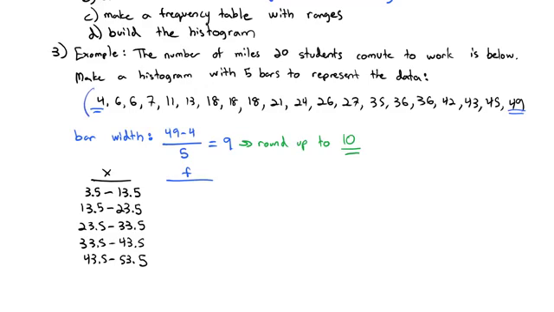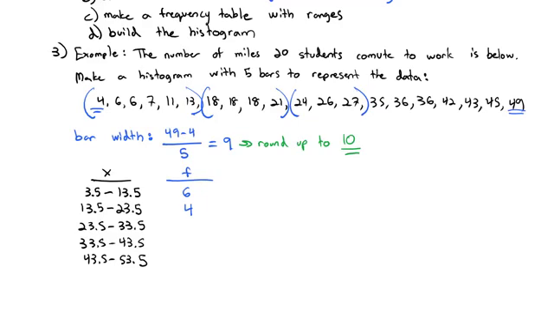3.5 to 13.5. There's 1, 2, 3, 4, 5, 6 numbers. 13.5 to 23.5. We only have 4 numbers. Then you see 23.5 to 33.5.